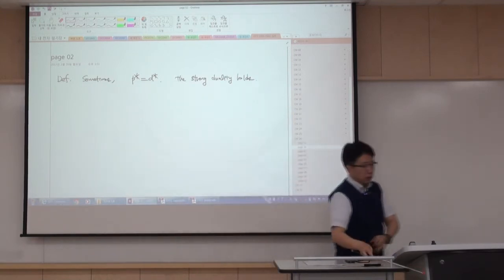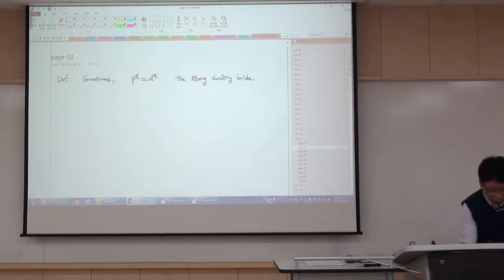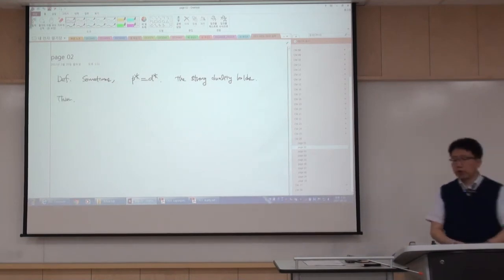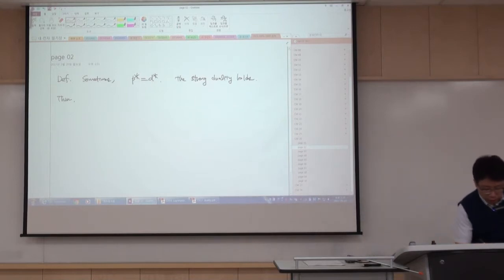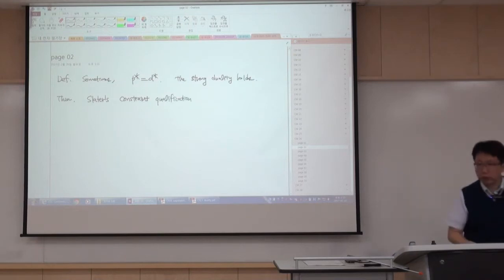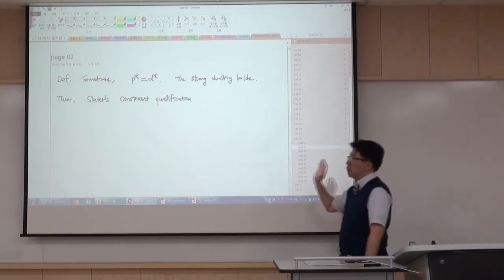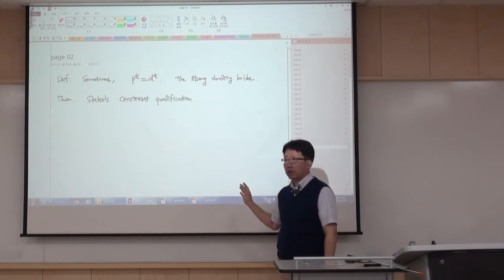One of the best known such sufficient conditions is Slater's constraint qualification. So remember this. This is one famous sufficient condition for the strong duality to hold.